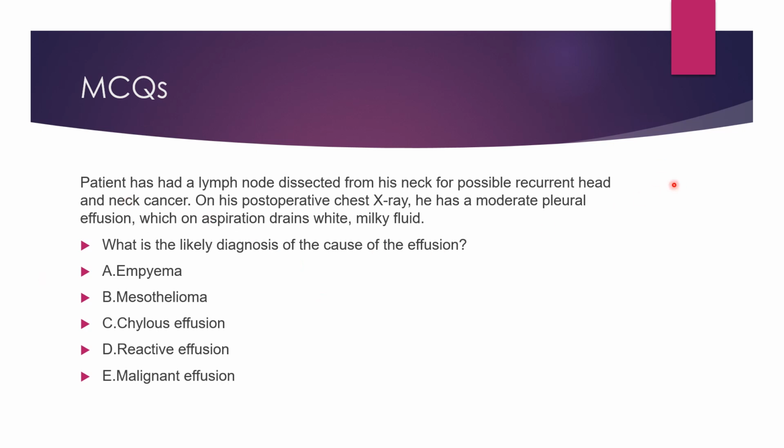So usually they give a history of asbestos exposure in the patient, so that is not there. And malignant effusions usually present with serous or serosanguinous fluid, but presenting with a white milky fluid is unlikely for a malignant effusion. Then the reactive effusion is also not a cause of milky white fluid.